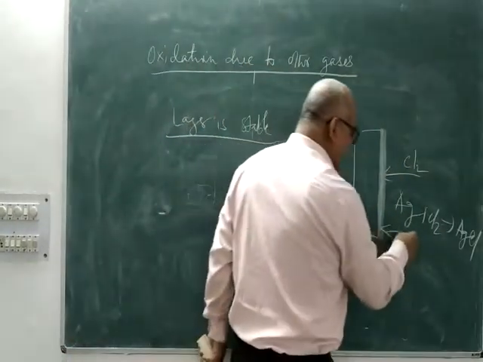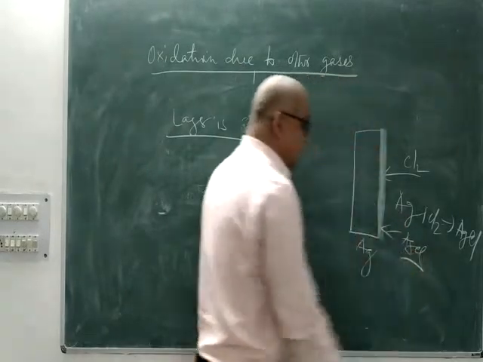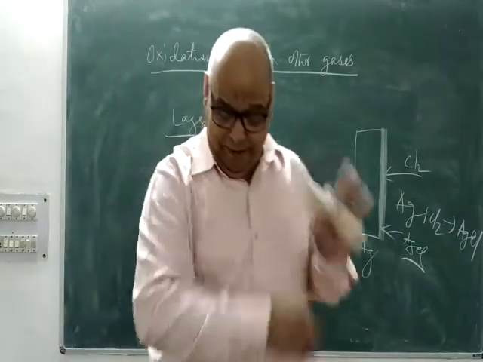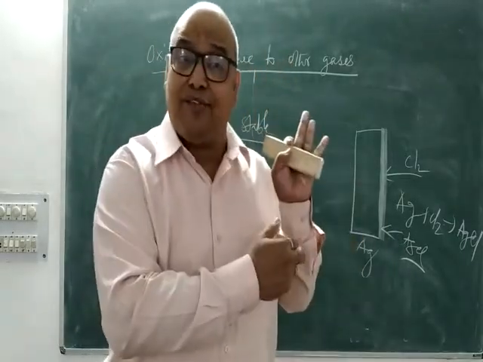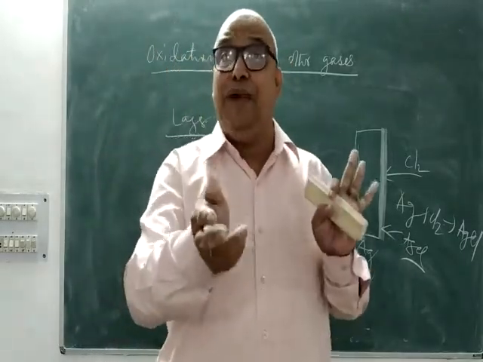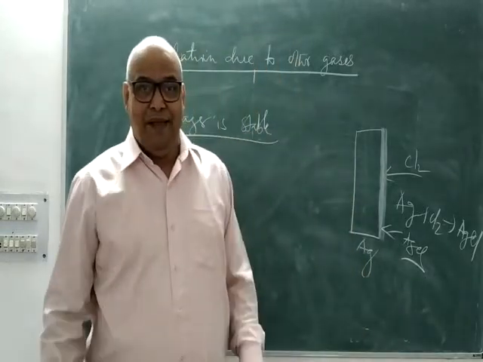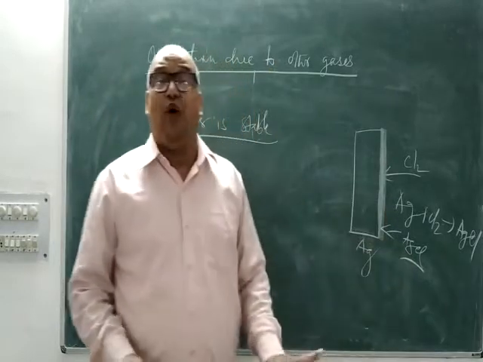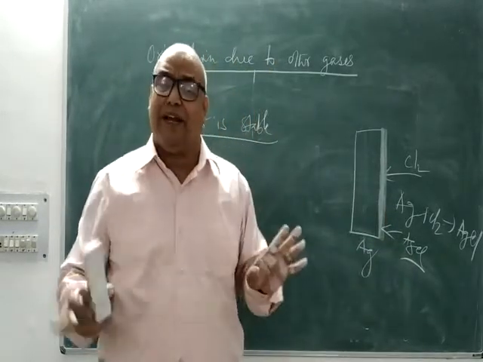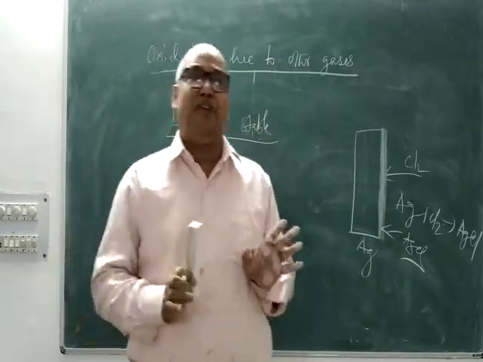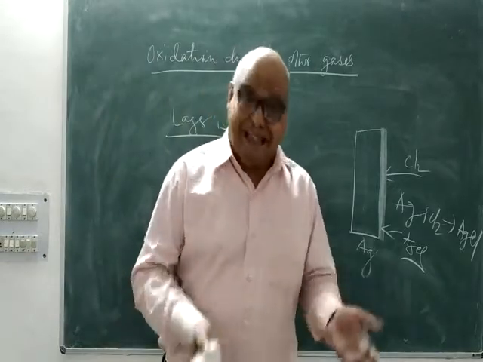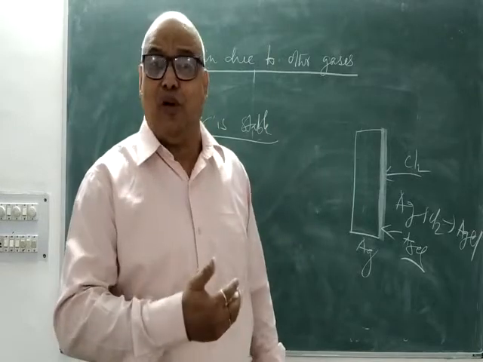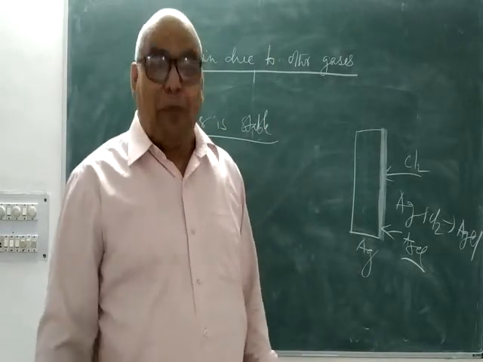This is your silver chloride. Now, the particle size of silver chloride is extremely small, as it was in the case of aluminum oxide, Al2O3, that we have seen earlier. If the particle size is very small, it is going to make a uniform layer on the metallic surface, as a result of which the number of holes, pores or cracks will be less, the rate of corrosion will go down, and ultimately it will be stopped.